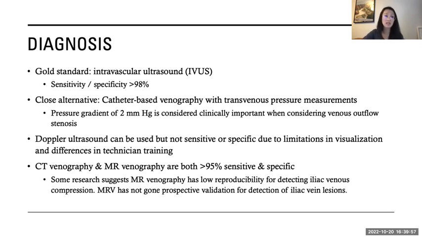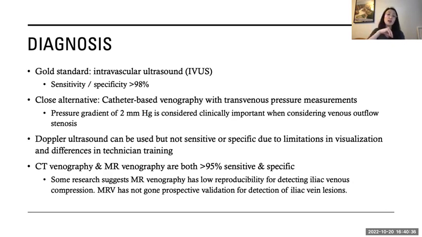More specifically, if they are able to do a pressure gradient across the area of stenosis and achieve a pressure gradient of 2 millimeters of mercury or greater, that is when it is considered clinically important, because as I said before, many patients do have some degree of compression. It's not exactly clear at what point, if you're just looking at stenosis alone, that correlates with actual clinical outcomes. Most of our patients do have an ultrasound, which diagnoses the initial DVT, but it is very limited in its ability to detect iliac compression, whereas CT venography and MR venography are both very sensitive and specific.